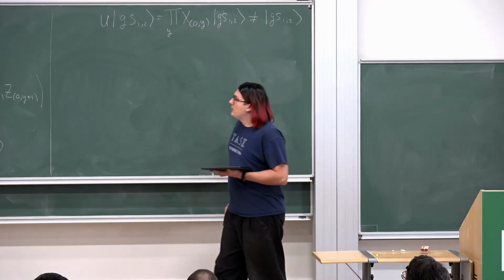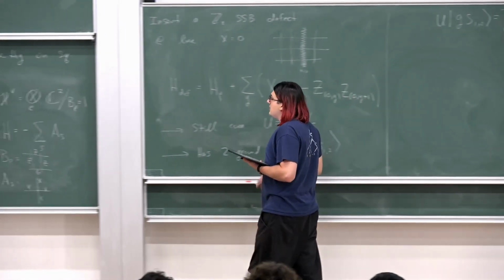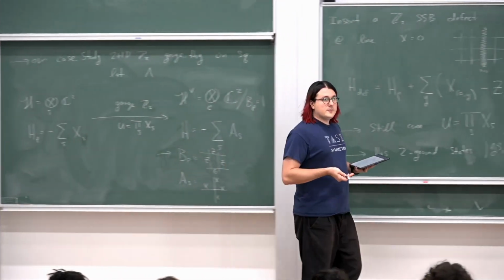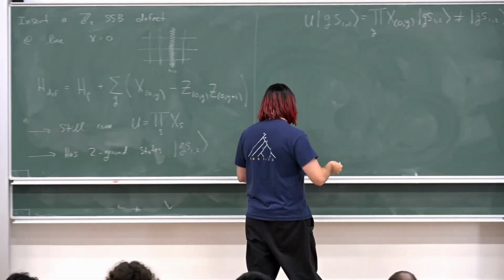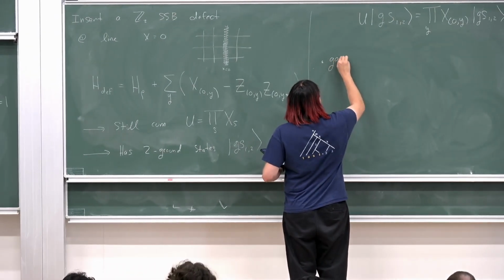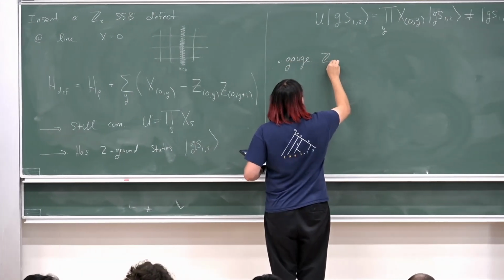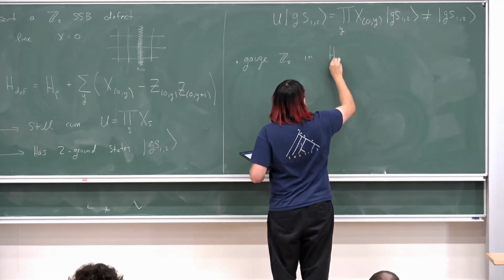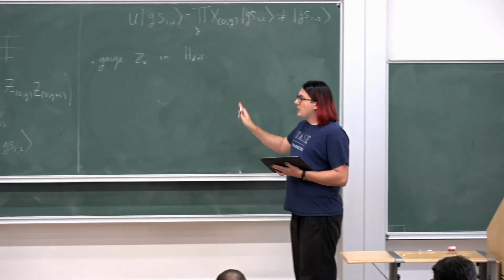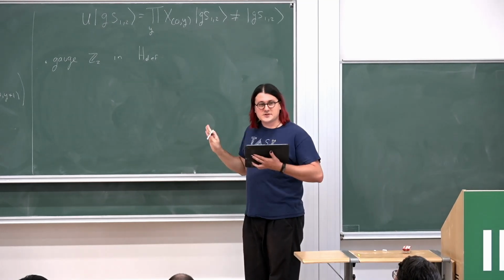Okay, so we have inserted an interesting defect into our paramagnet SPT. Now let's gauge the Z2 symmetry and see what we get. So now if we gauge the Z2 symmetry in this defect Hamiltonian, well, I'm not going to go through all the gauging steps. We'll go through a lot of gauging steps in a moment.